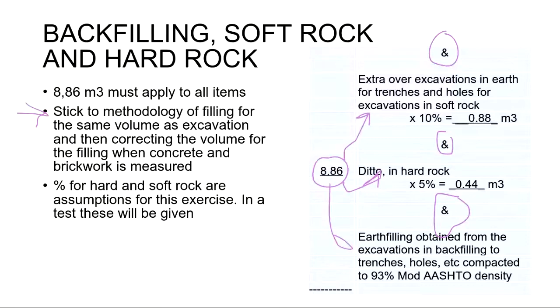Okay, so just a reminder there on the methodology. What we're doing over here is we are filling the same volume as what we have excavated, and then when we measure the concrete and when we measure the brickwork in the foundations, we will correct the volume for the filling that we are over measuring in this method.